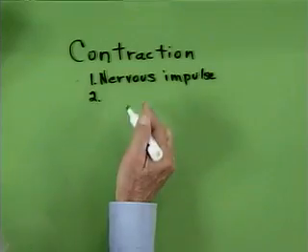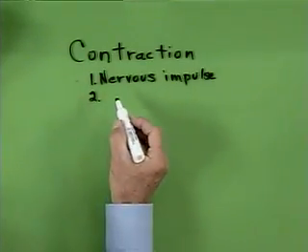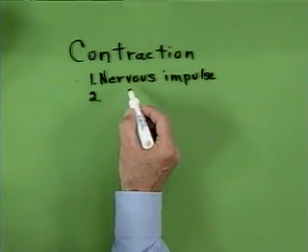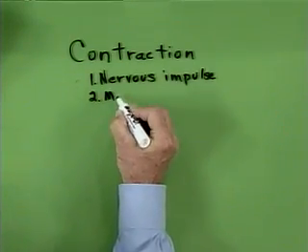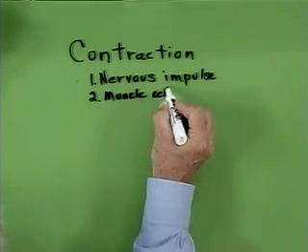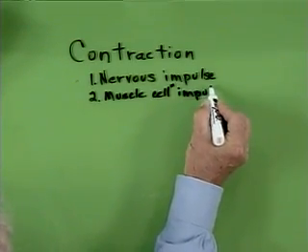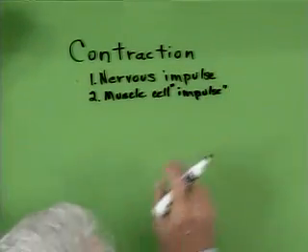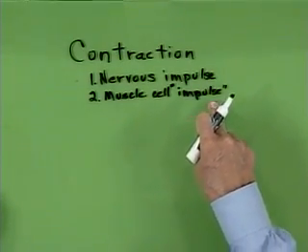It has a movement, and we'll talk about this a little bit in a future session, a movement of sodium and potassium ions, very similar to what causes what we call the nervous impulse within the neuron. So we have a muscle cell impulse, is the way I'm going to put it. I'll put quotes around it. So we have the depolarization, repolarization phenomenon within the muscle cell itself.